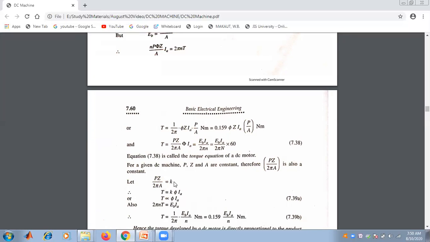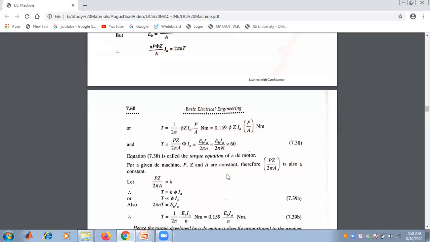Let us take this as K. So torque is equal to K into phi into Ia. Torque equal to K phi Ia. So torque is proportional to phi into Ia.